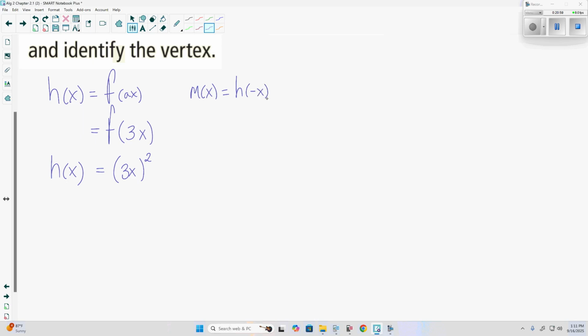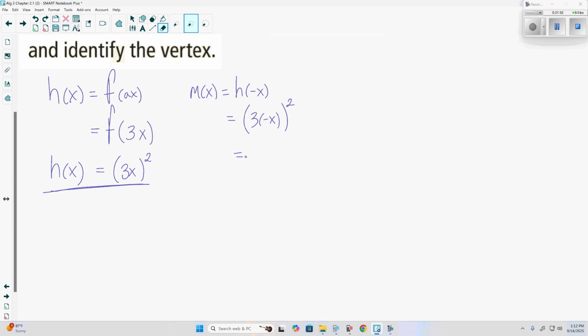Now our second transformation is the reflection across the y-axis. On the general form, that's f of negative x. But since we're not applying it to f of x, we're applying it to h of x, we would say that our new function, we'll call it m of x, is going to be h of negative x. Which means every x is going to be replaced with negative x.